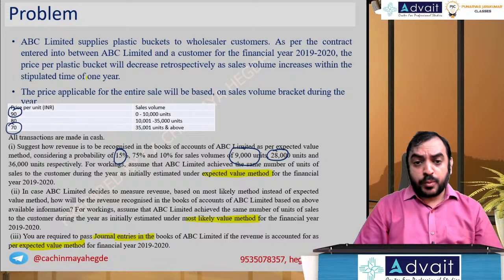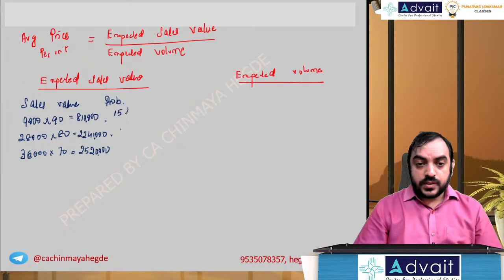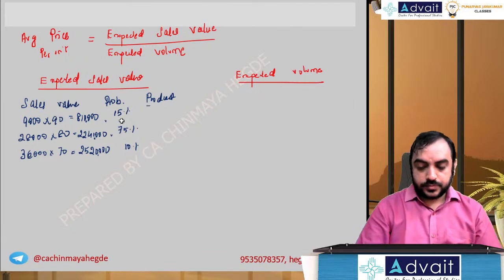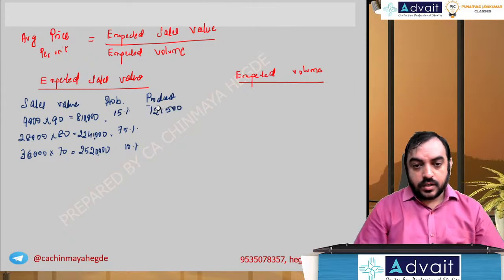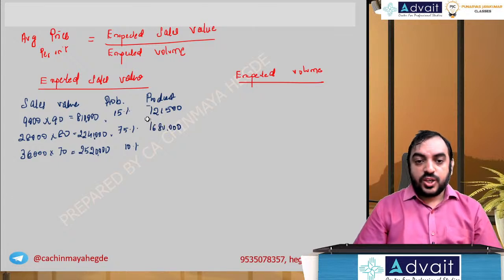Okay, and what is going to be the probability? 15%, 75%, 10%. Let's do a product. 8 lakh 10,000 into 15%, 1,21,500. 16 lakh 80,000. 2 lakh 52,000.